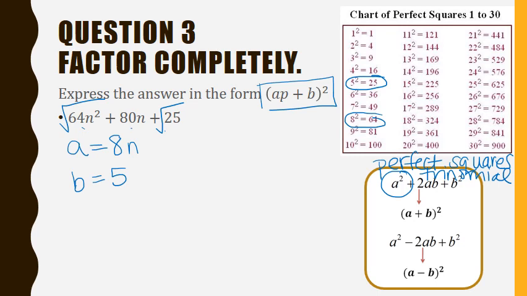Notice I'm going to use this formula right here to factor completely. (a + b) all squared. My a, in this case, using my highlighter here, my a is 8n, so I'm going to substitute that in.